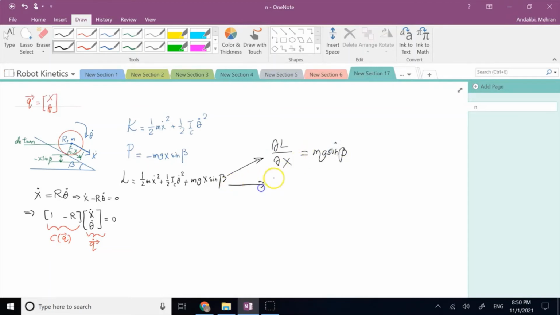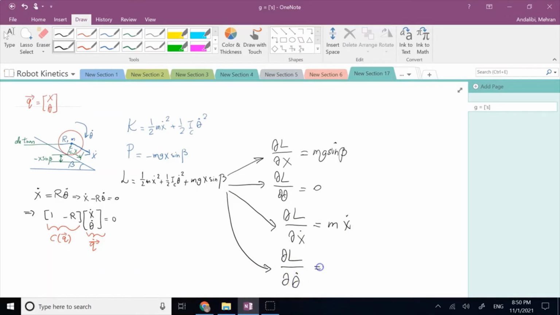What is the partial derivative of L with respect to theta? There is no term, so it is 0. What is the partial derivative with respect to x dot? It is going to be mx dot. Then what is the partial derivative with respect to theta dot? That is going to be I theta dot.